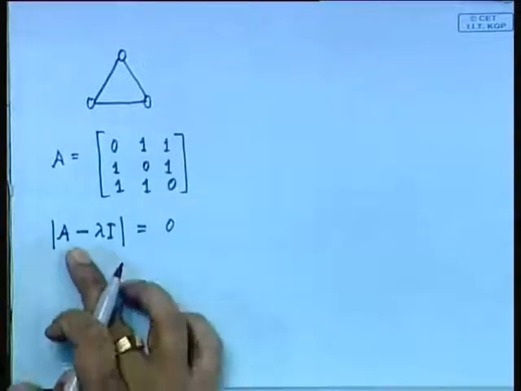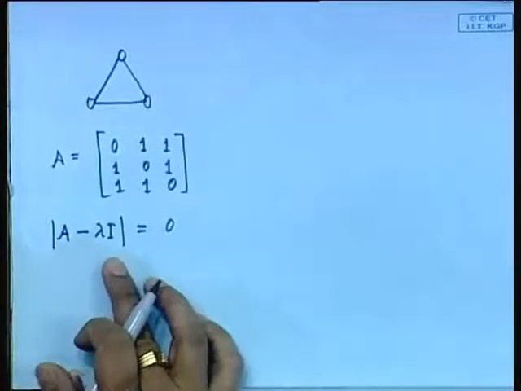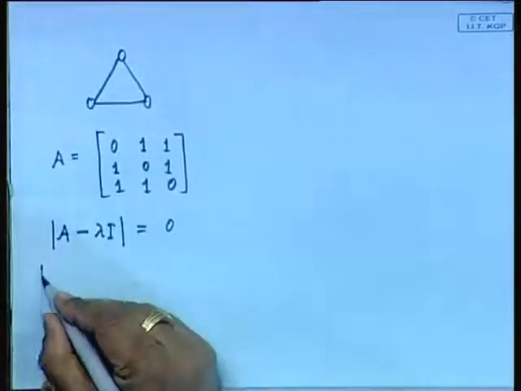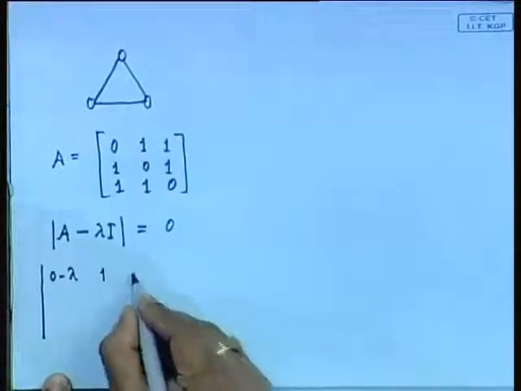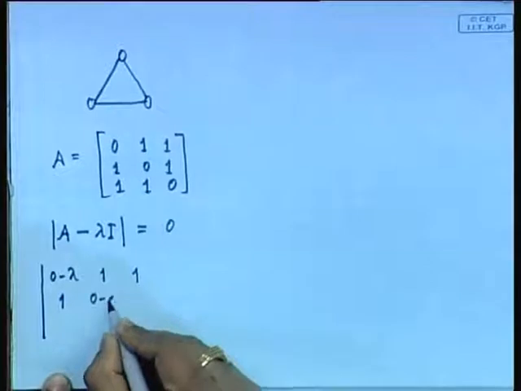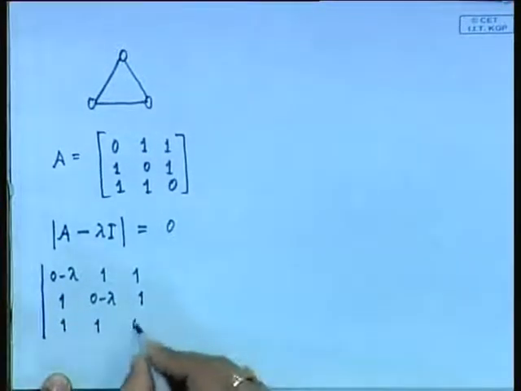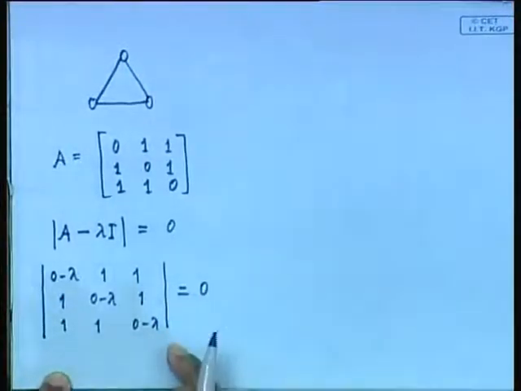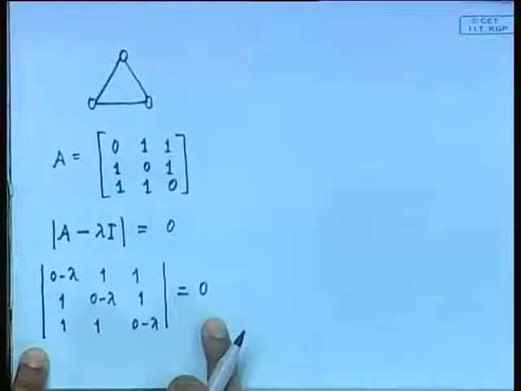From this, all the eigenvalues lambda satisfy this particular equation, which is called the characteristic equation. So, what would be the characteristic equation in this case? So, we have 0 minus lambda, 1, 1. This bar stands for determinant. So, this determinant should be equal to 0.